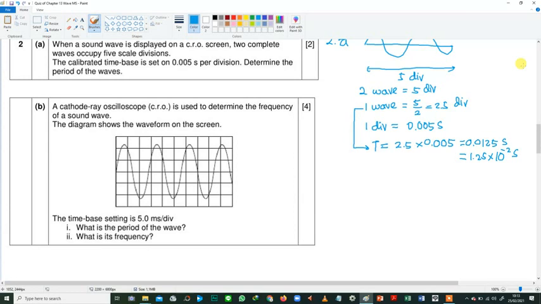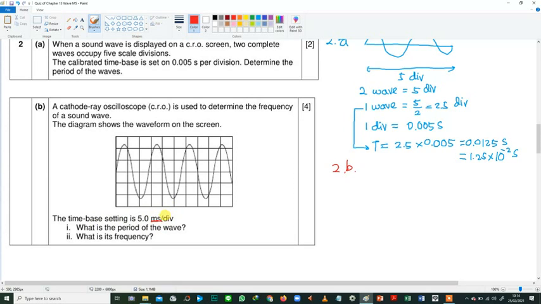Let's continue to 2B. 2B is the same. It's still about the CRO. Now in here, the time base is different. It's 5 millisecond for 1 division. Remember, in here it's millisecond, not meter second.